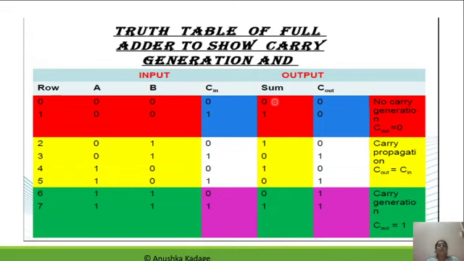Now we are going to divide this output corresponding to the generation of the carry and the carry where it is only propagated like the input carry.